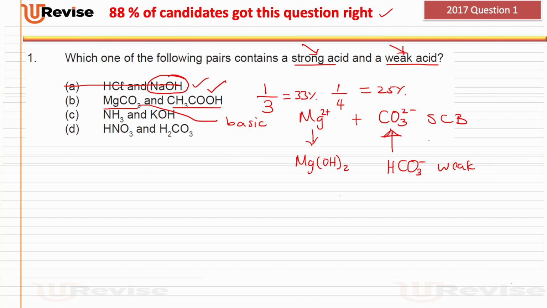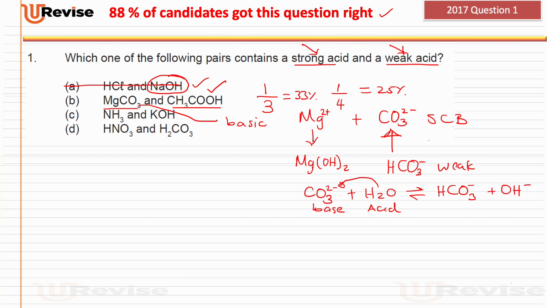Because it's a strong conjugate base, the carbonate ion can hydrolyze in water, releasing OH- ions, which means it would act as a base. It's a stronger base than water, so water would act as an acid in this case, according to Bronsted and Lowry. So water will donate a proton to it.